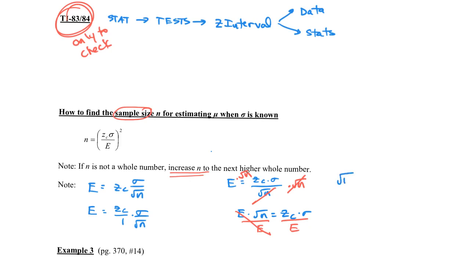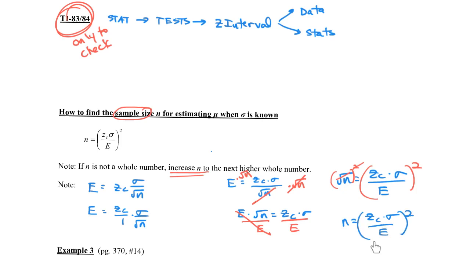That would give us the square root of n equals Z sub C times sigma over E. And then to get n by itself, to undo the square root, we just square both sides. That square cancels the square root. They're inverse operations. So we get n equals Z sub C times sigma, all over E, squared. So that is where this formula comes from.